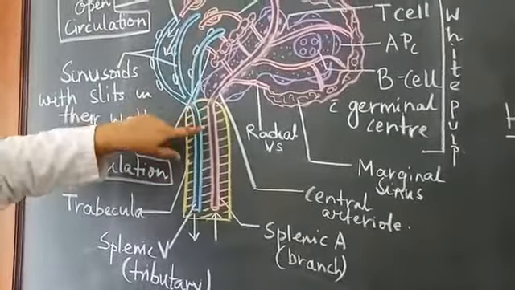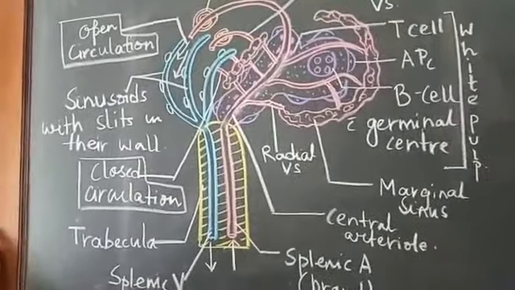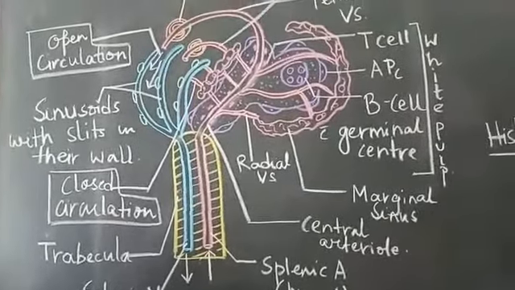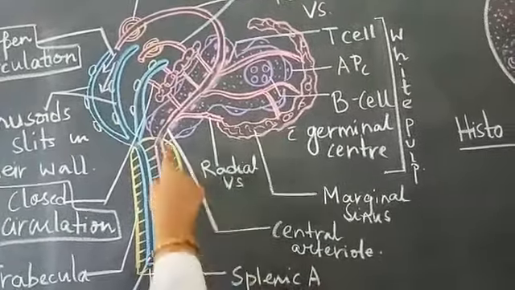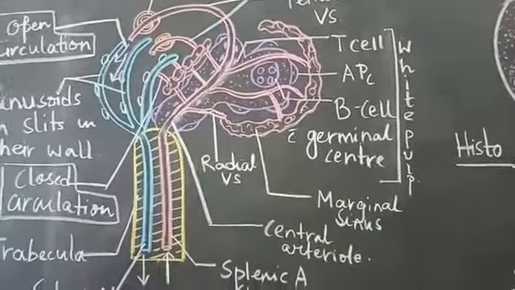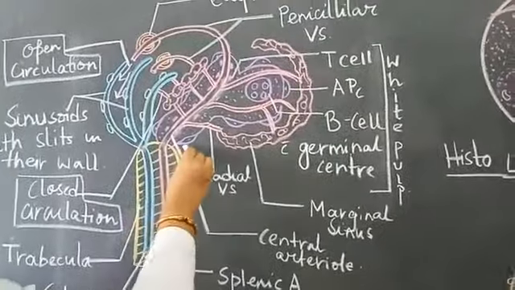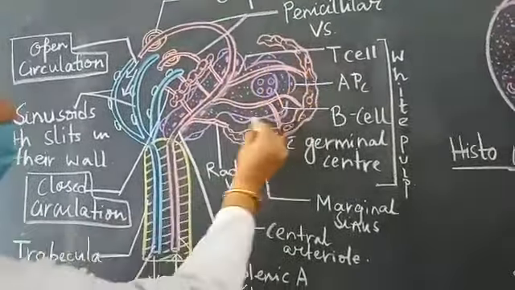After that they divide into branches and sub-branches and form the arterioles. The arteries are converted into arterioles. As soon as it enters the splenic parenchyma, it is invested by this purple colored area. Can you see?